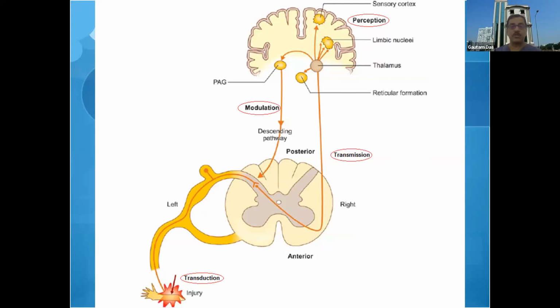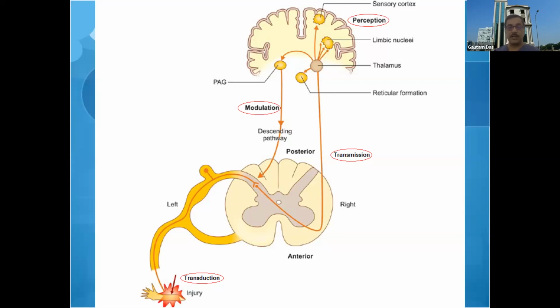You are giving electrical signals in the form of the spinal cord stimulator or transcutaneous electrical nerve stimulation. But again, when you are giving this kind of electrical stimulation, it is also seen that these inhibitory neurotransmitters are also released for the segmental inhibition.